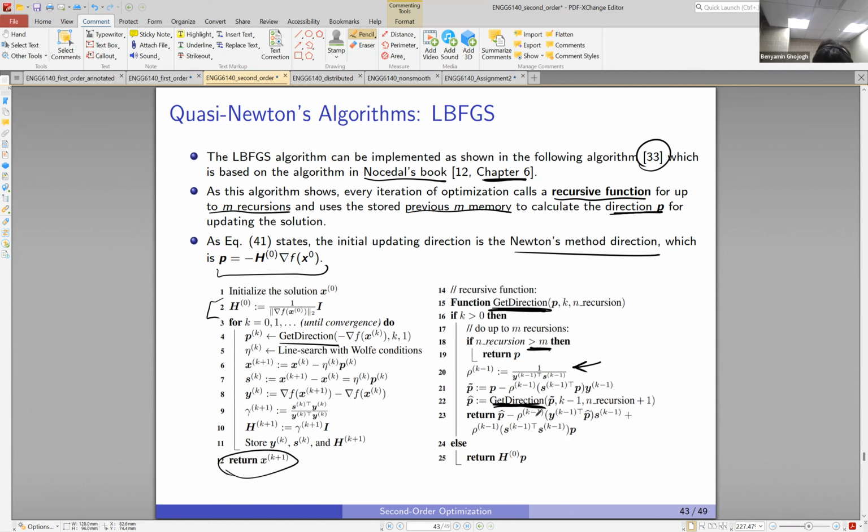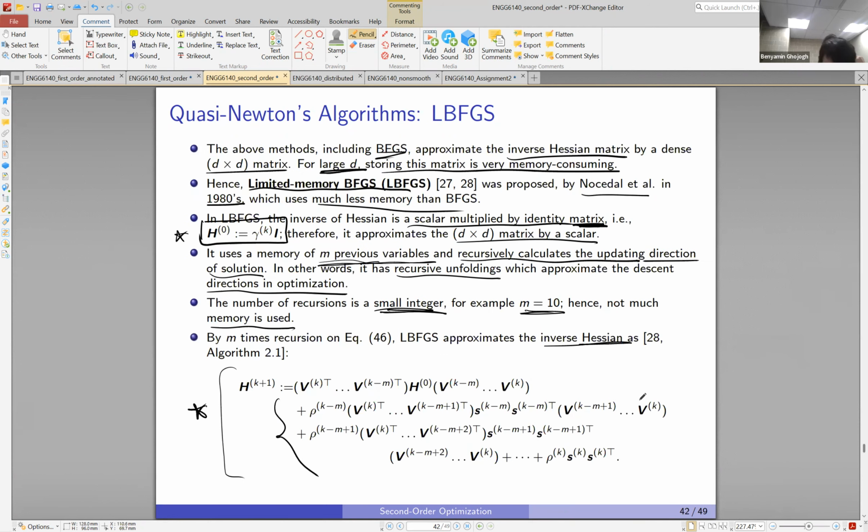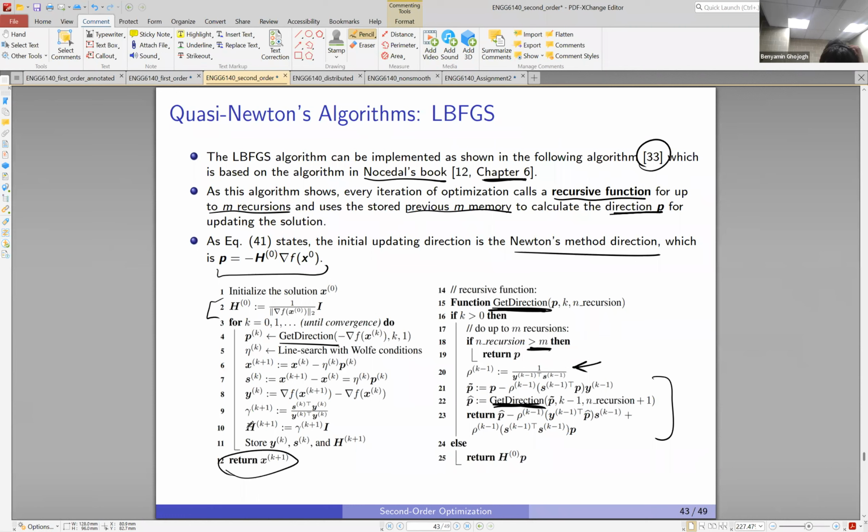Then we return p hat minus rho times this. If you work out this equation, you will get what you have here. But initially it returns H inverse p, H0 p, which is this. And then you have the update.